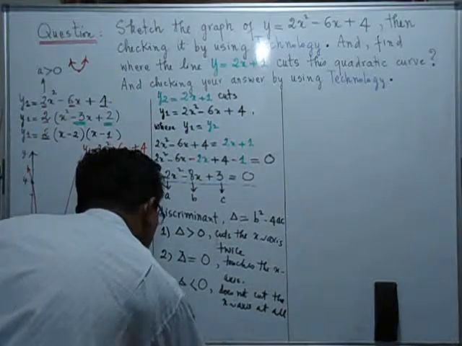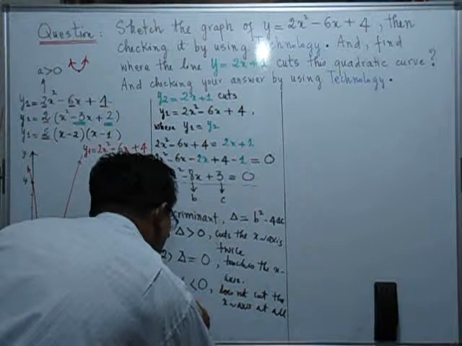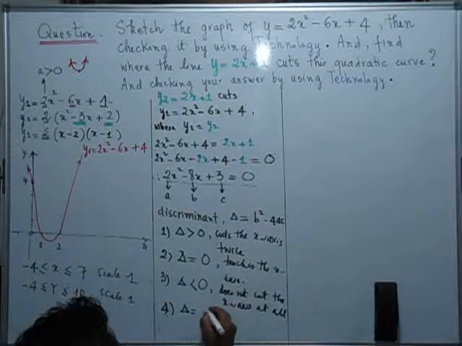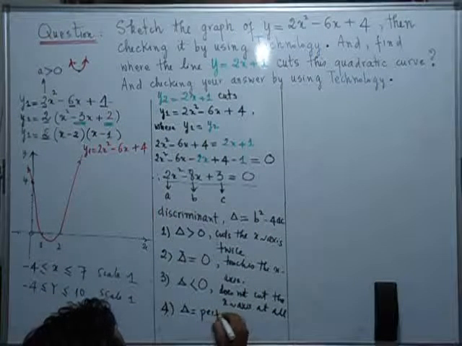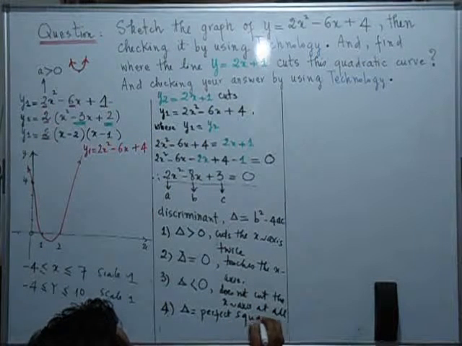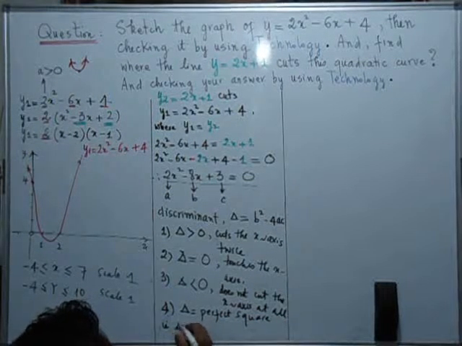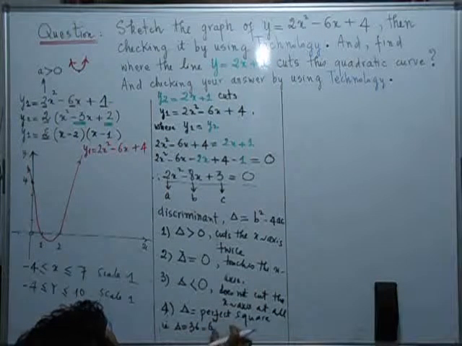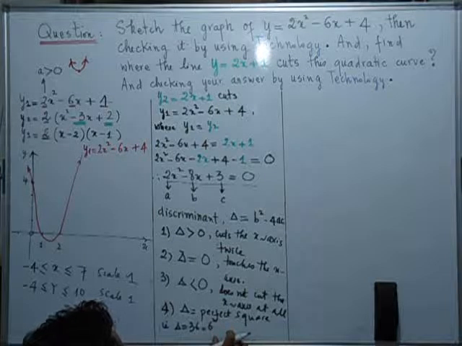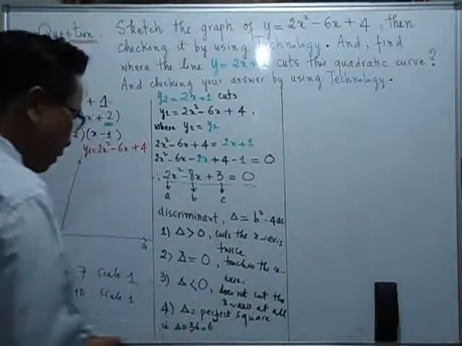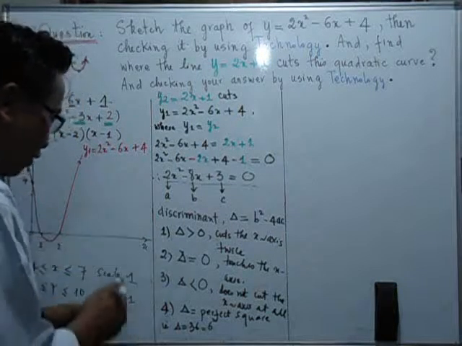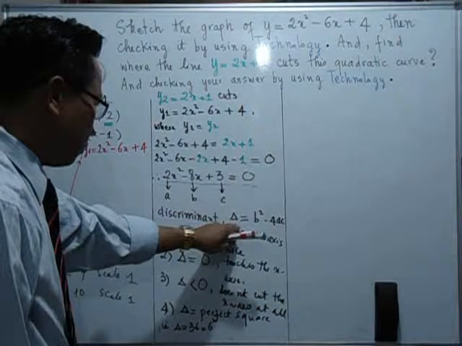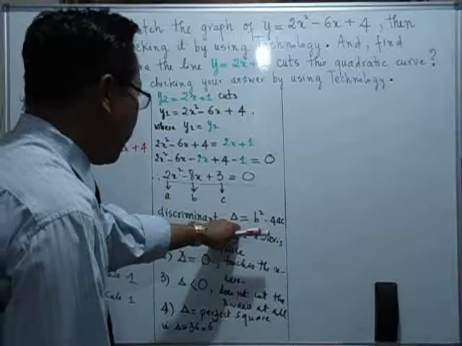And 4, if delta is a perfect square, for example delta equals 36, which is 6 power 2, then the quadratic can be factored. So we have 4 cases like this. Now we must check the delta, the discriminant.